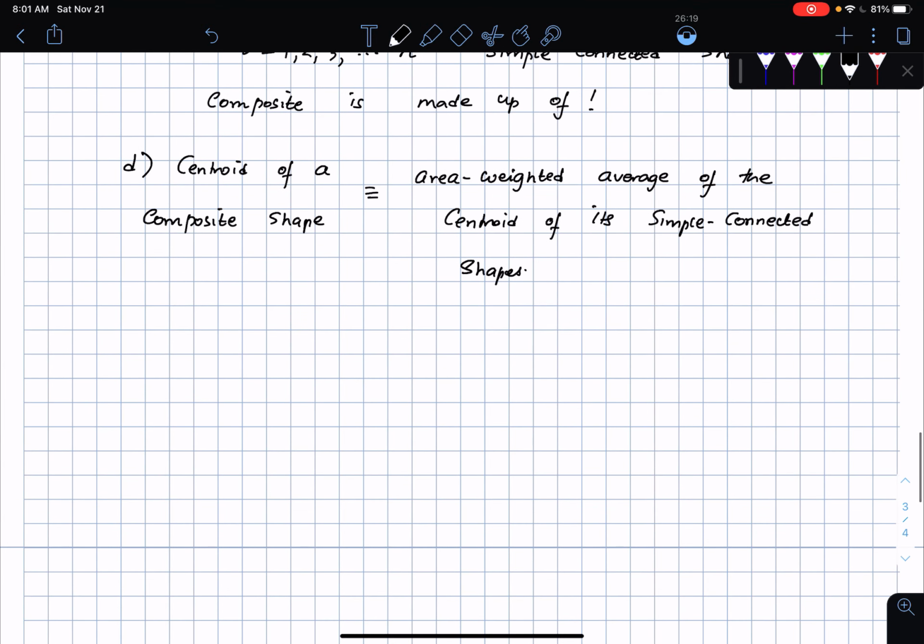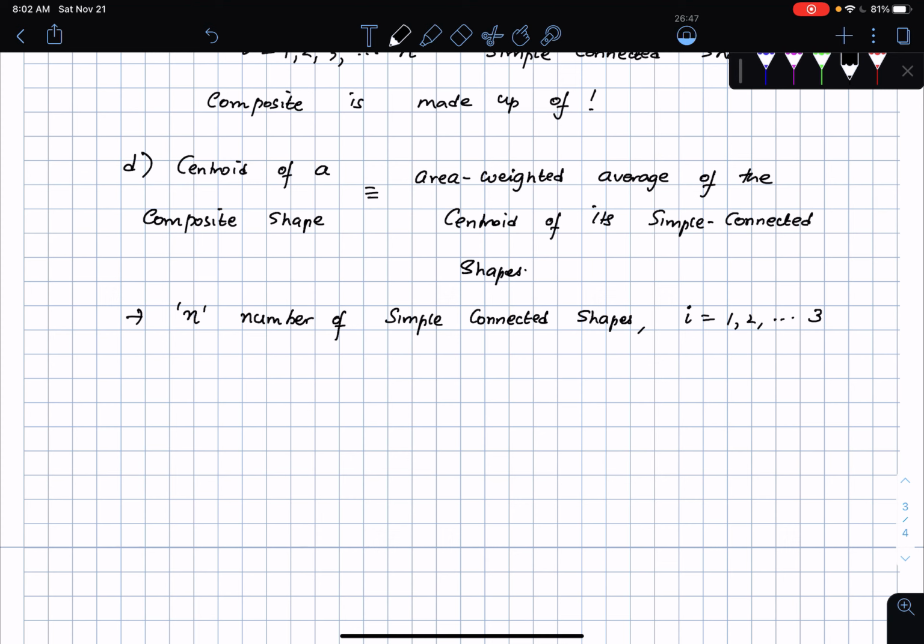So for example, if I have n number of simple connected shapes, where n can be any number from 1 to 3. I mean, typically it's going to be 2 or more, but there is no point in using this formula for just one shape. It makes no sense.